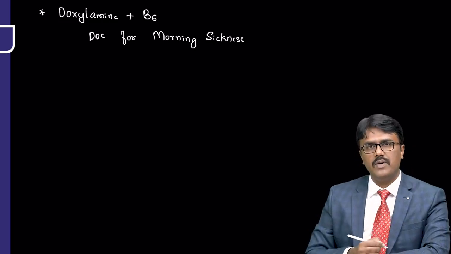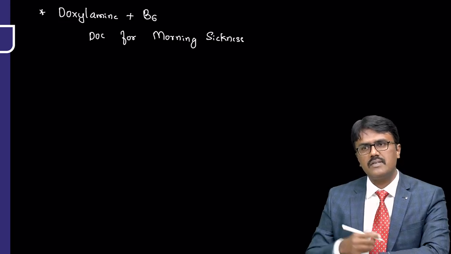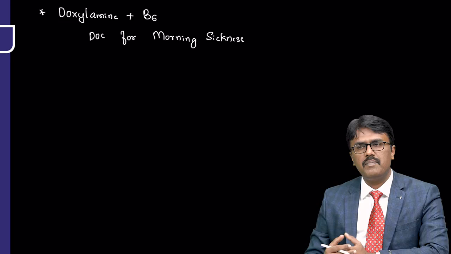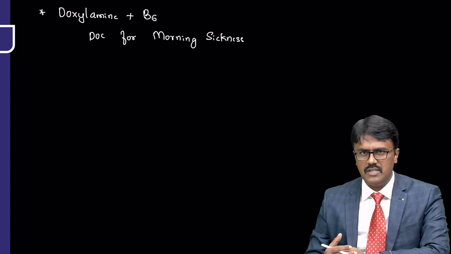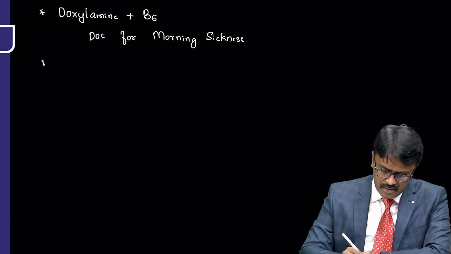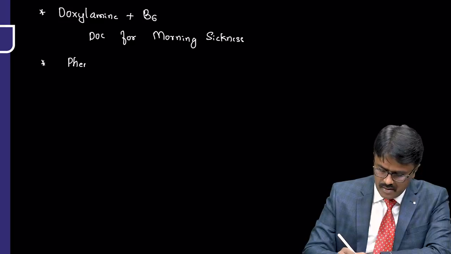So doxylamine plus pyridoxine is the drug of choice for morning sickness. Morning sickness is a condition where the pregnant woman, particularly in the first trimester, has nausea and vomiting.